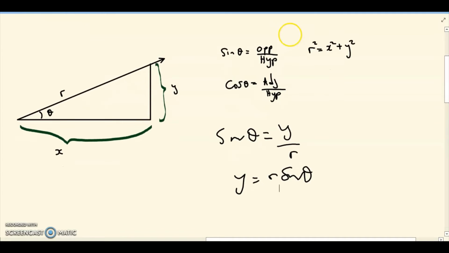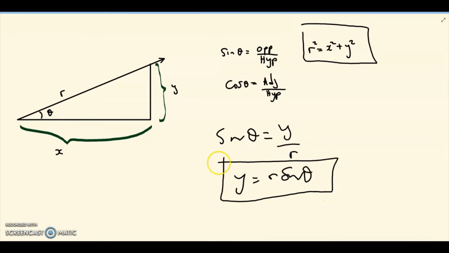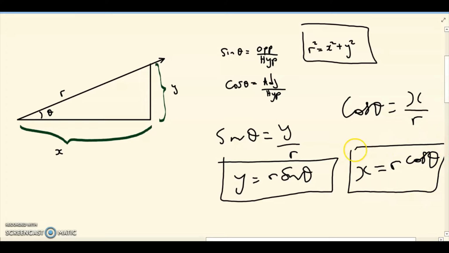So we have one right here, one, two right here, and finally we make use of cos. We know that cos theta is equal to adjacent, which is x, over hypotenuse, which is r. Okay, x adjacent, hypotenuse r. So now, making x the subject of the formula, we're going to have x is equal to r cos theta. Okay, and this is the third relationship we will be using.